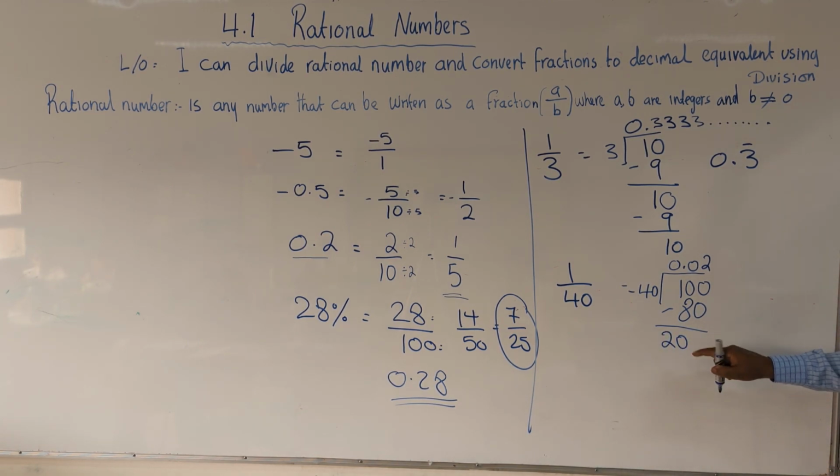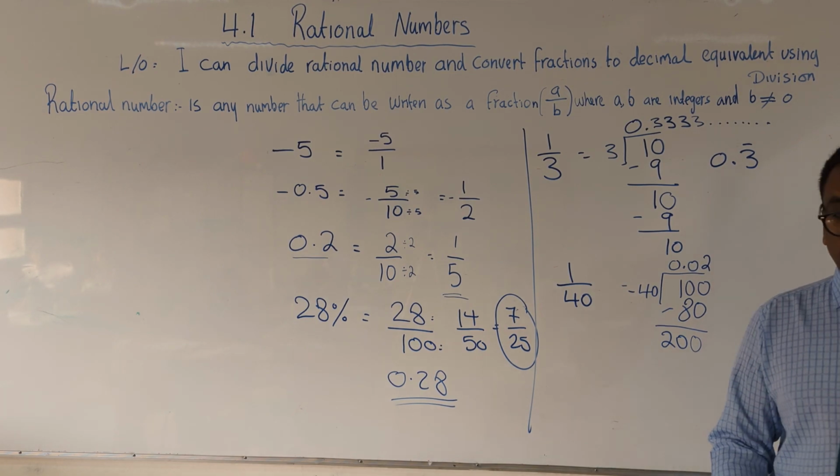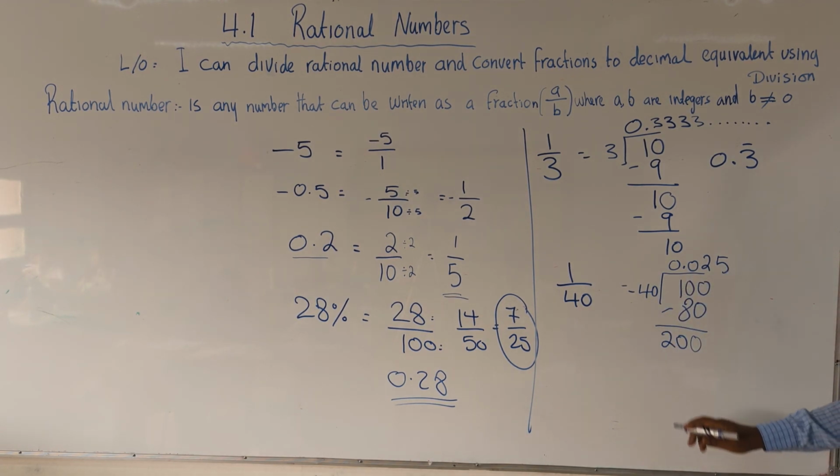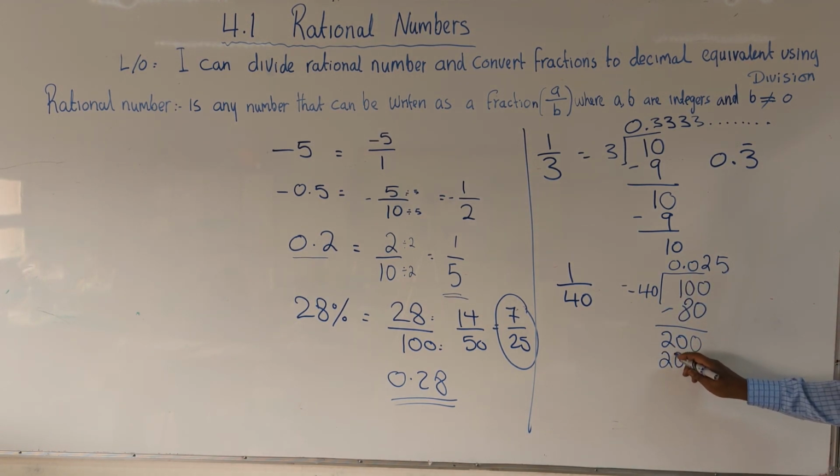Okay? So 20 is too small. So we put another 0. Now we ask, how many 40s are in 200? 5. So we have 5 here. 5 times 40 will be what? 200, right? Are you all happy with that? So when we take away, we have 0 now. We can stop.